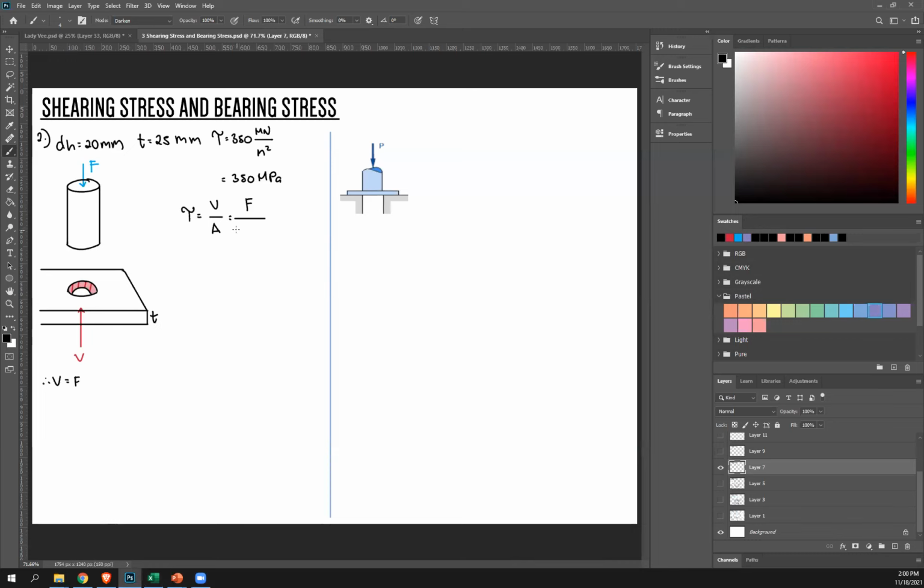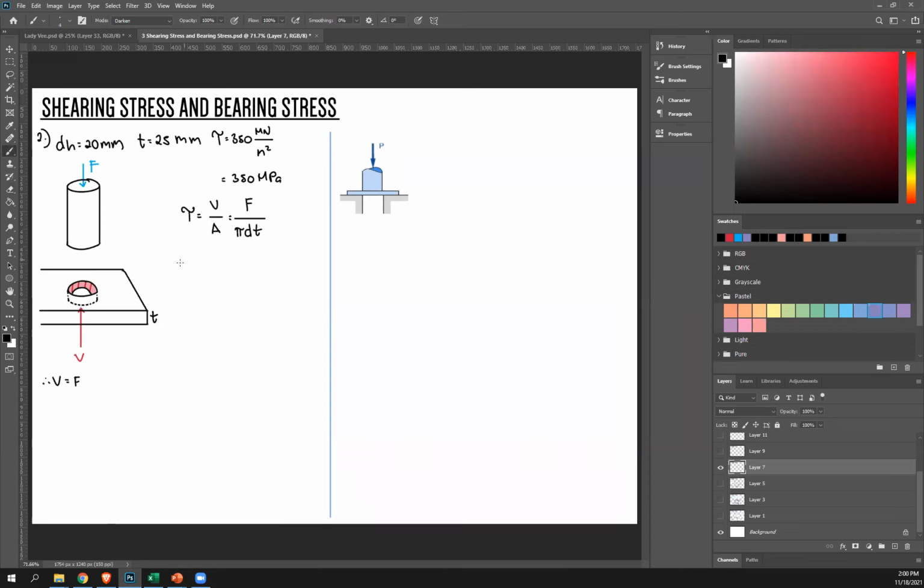It's pi d p. Because again, pi d is the perimeter of your circle, but I need the thickness because this is the actual area that's being cut. Okay? So pi d p. There.